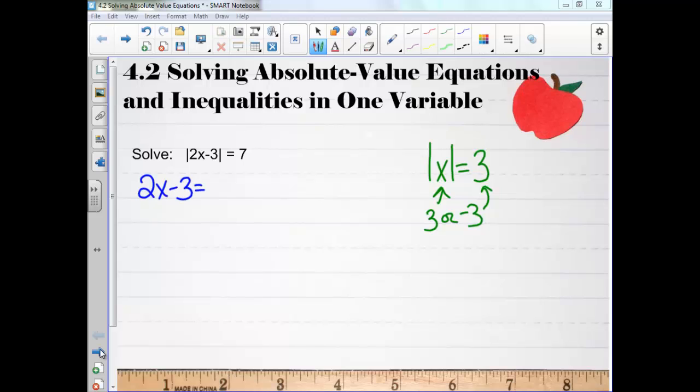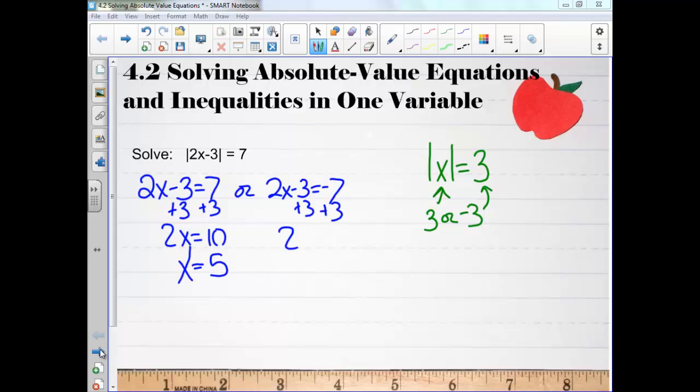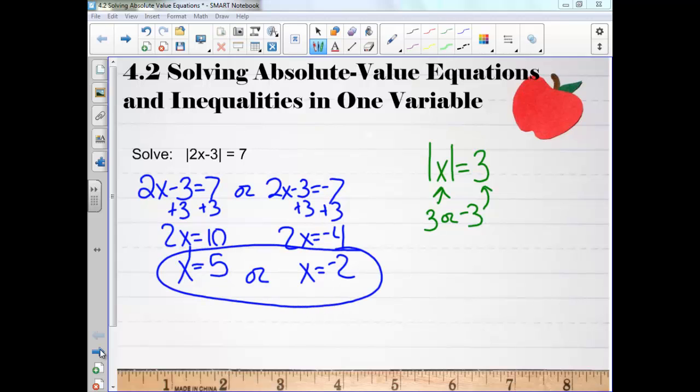This 2x minus 3 can equal 7, or it could equal negative 7, because then when we would take the absolute value, we would get a positive 7. So now we just solve these. So x equals 5 or negative 2.